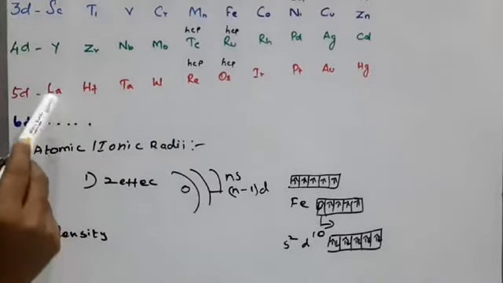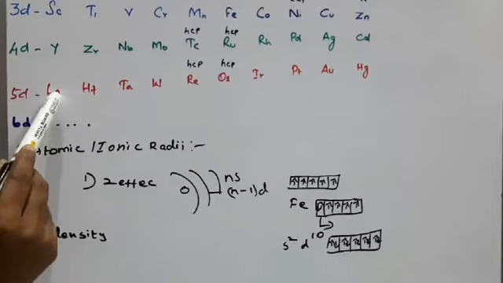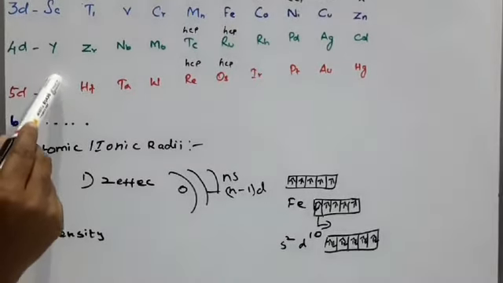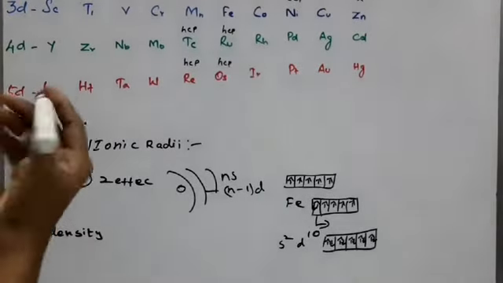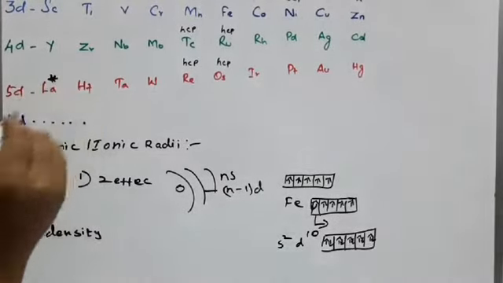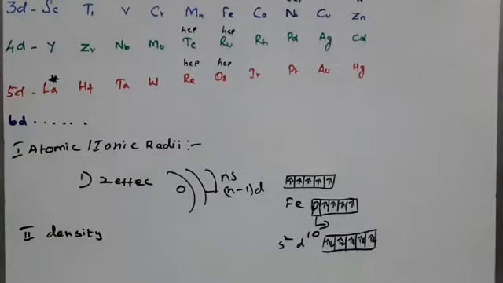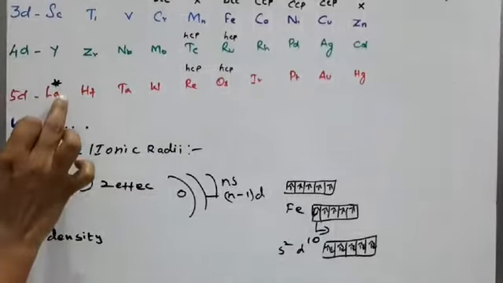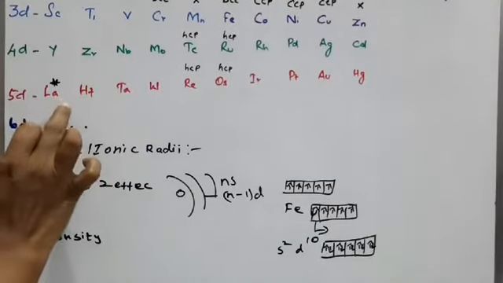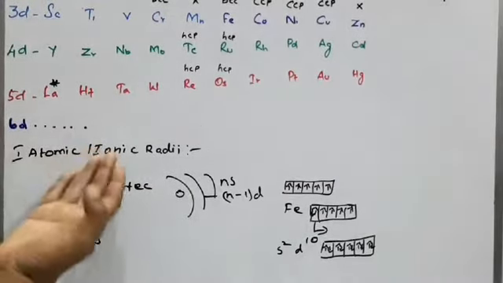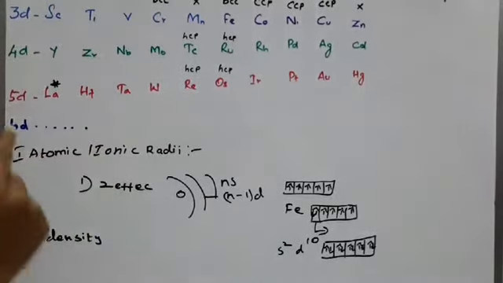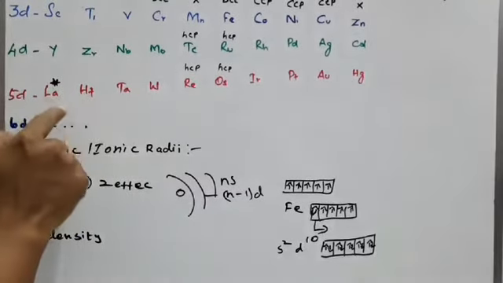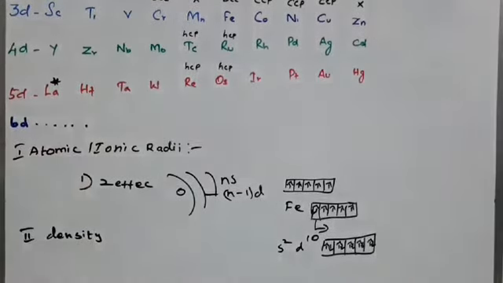But one thing, lanthanide contraction takes place here, okay. So what is lanthanide contraction? This is lanthanum. After that only the lanthanide contraction takes place. Lanthanide contraction means the intervening of 4f orbitals present before the filling of 5d orbitals. Now the 5d orbitals are being filled, and while filling, what intervenes is the 4f orbitals.